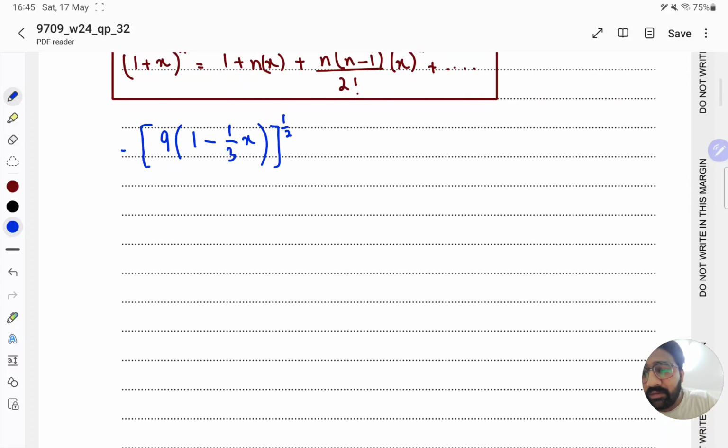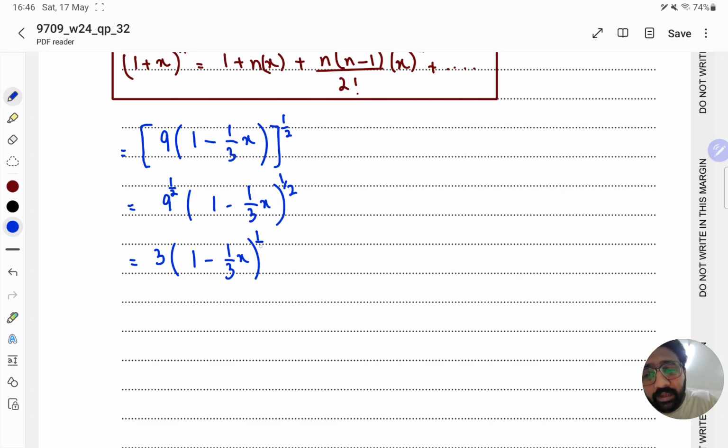After that, the power will come on both of them, which will be 9 power 1 by 2 bracket 1 minus 1 over 3x power 1 by 2. So 9 power 1 by 2 is 3. So the question will become 3 bracket 1 minus 1 by 3x to the power of 1 by 2.